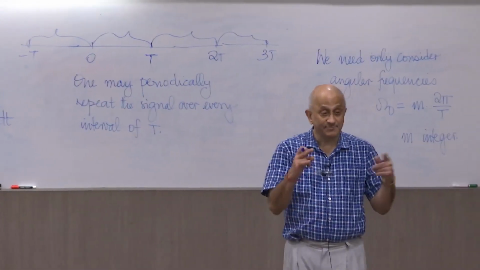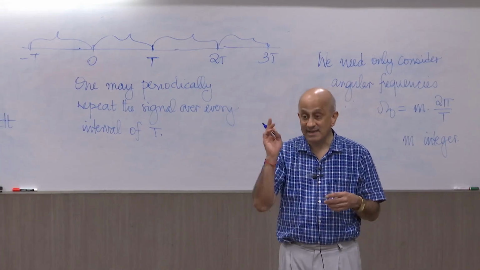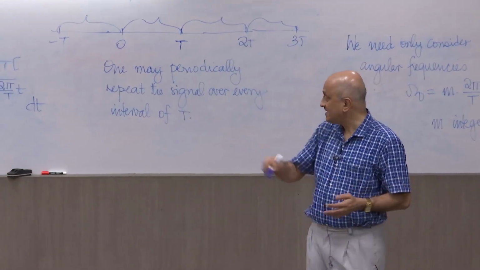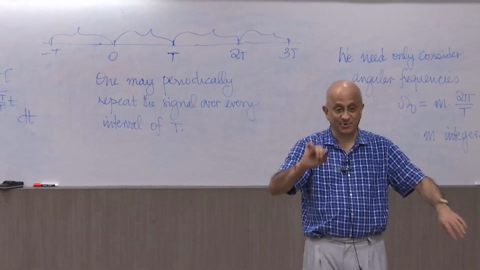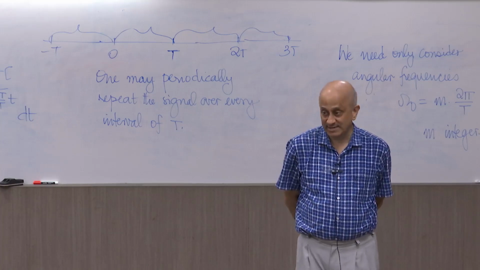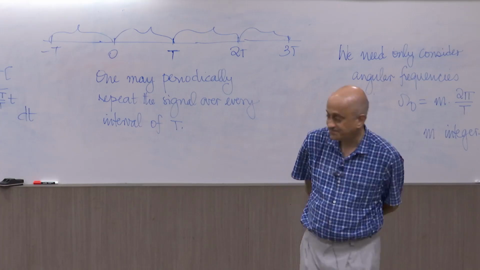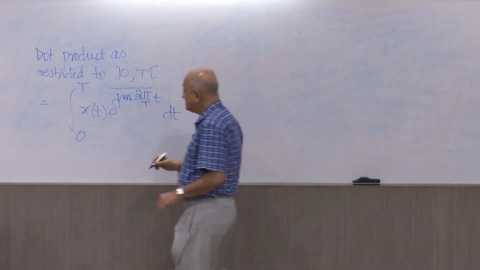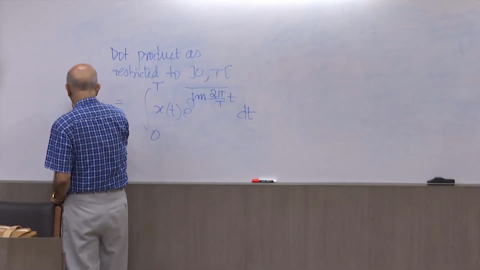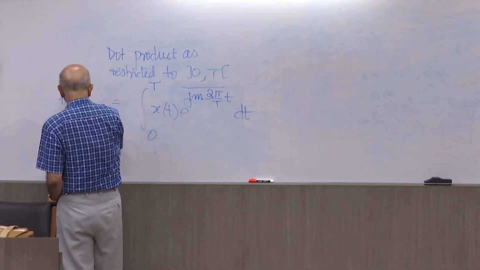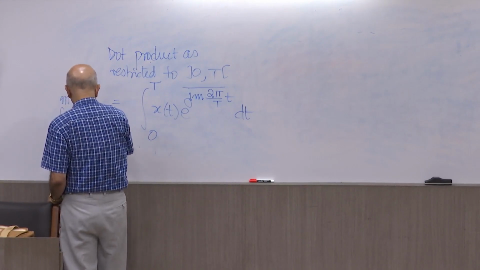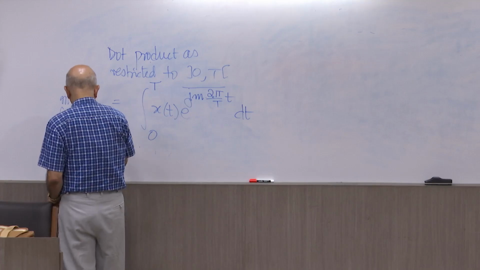Because we wanted the inner product of the vector with itself to be a magnitude squared, right? So is this clear now? This is a new kind of dot product. You're restricting the interval only between 0 and T, right? So this is the component, let's call it the mth component of x(t).